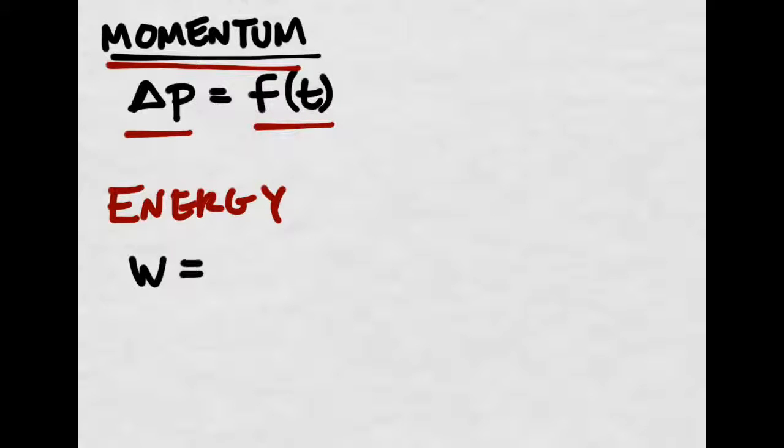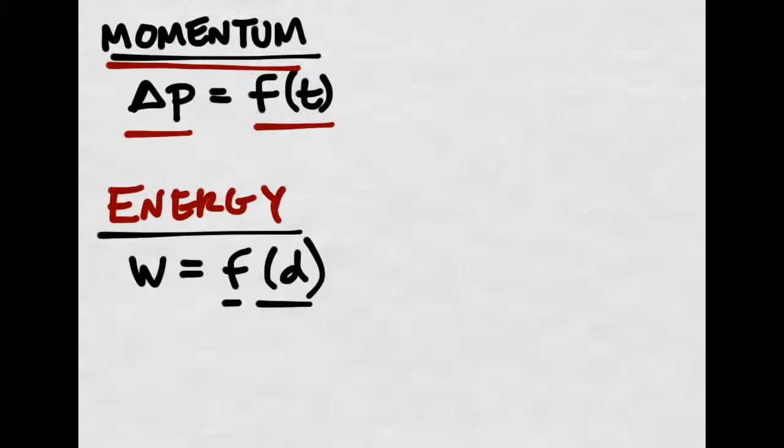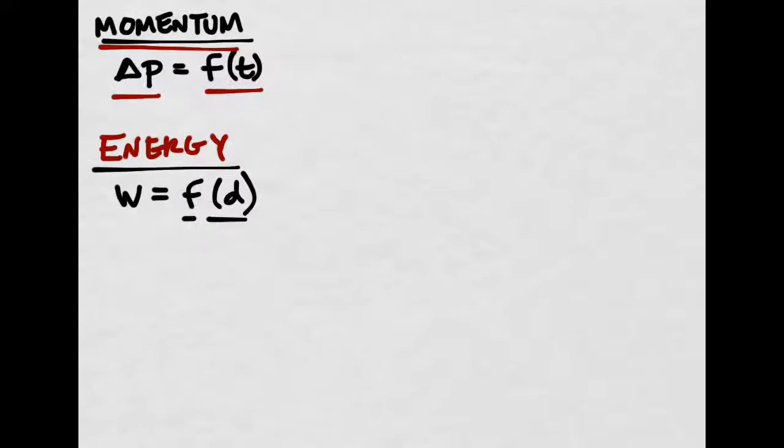Work is equal to force times distance, and the amount of work done on an object tells us that object's energy. Just like force multiplied by time tells the change in momentum of an object, the force times the distance is going to tell us the energy of an object.